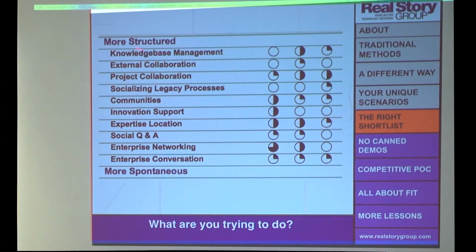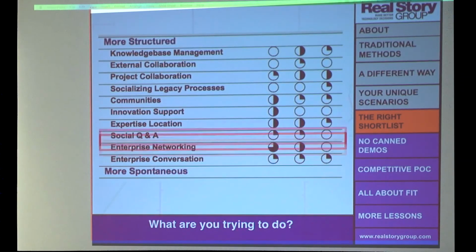So, knowledge-based management tends to be very rigid and structured, while enterprise networking is not rigid and structured and is a very different model. And there's lots of gray areas in the middle: external collaboration versus project collaboration, community type collaboration, innovation support around products and whatnot, social Q&A.